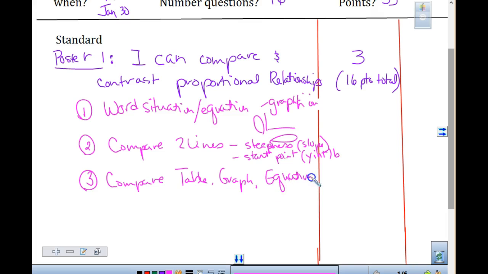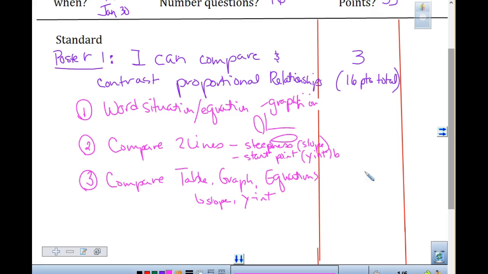I'll give all 3 of those to you, and I'll say, compare. What can you tell from the table? When you're comparing, what do you know their slopes are? Are the slopes the same or are they different? What do you know about the y-intercept? Is it the same or is it different? So that's how I'm getting those 16 points. Each problem could have a few parts to it, okay?